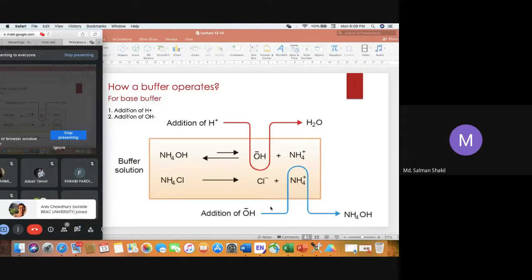And same here as well. If we are adding more base, when the ammonium ion is finished, the hydroxyl ion will be present there, and this hydroxyl ion will change the pH. That means the pH will increase.